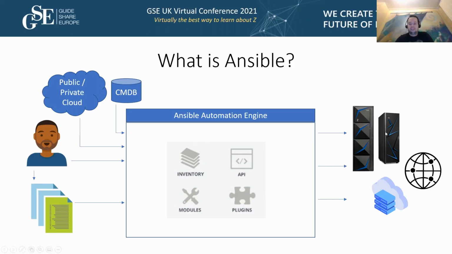Look at the right: we could have on our inventory an LPAR. We can also have in this environment web servers, the information for Apache, or EC2 machines on AWS, or for networks, for any device that you can SSH into. So the inventory keeps that information.